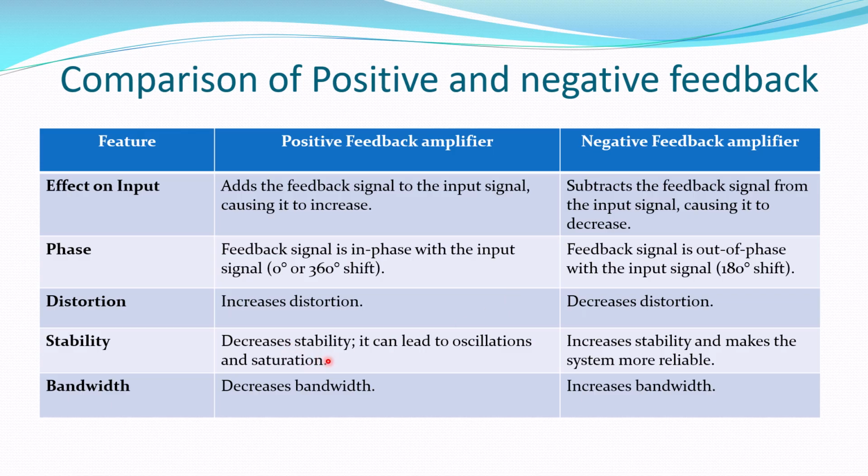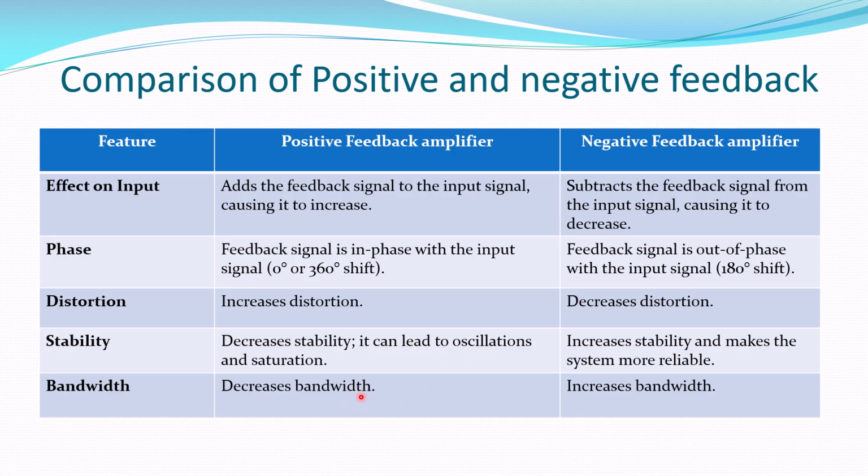And stability: in the positive feedback amplifier, due to the oscillations present in the saturation region, the stability decreases. The negative feedback amplifier increases the stability level and makes the system more stable compared to the positive feedback amplifier.